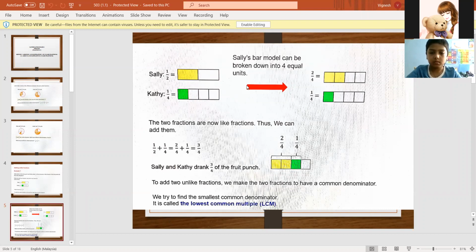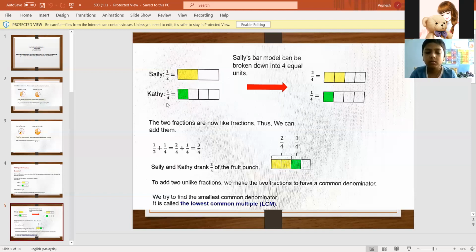Okay, so 1/2 plus 1/4. How to make it equal? For the denominator, you have to take the lowest factor and make the denominators equal. Correct or not?